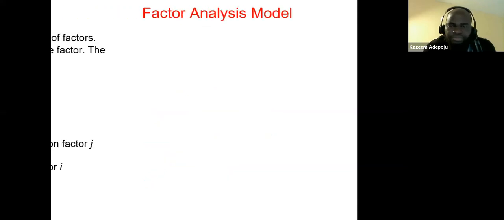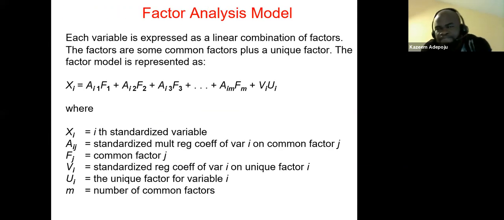So now, in the analysis of factors, we actually need a model. I told you the other time, we are in a world where, as human beings, we want to capture the world, we want to control the world.